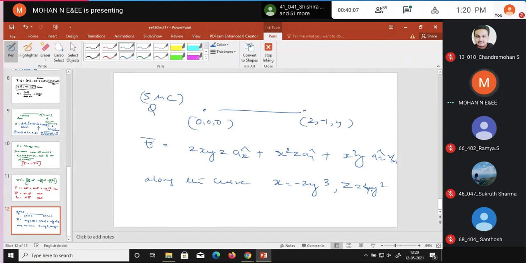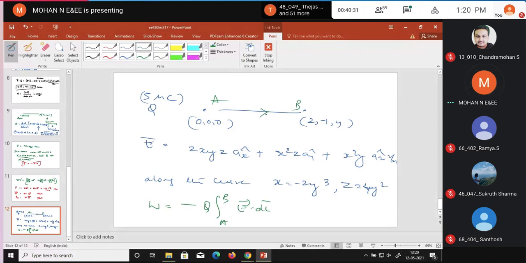Find the work done. So we have got the equation for work done. What is that equation? It's minus q times the integral from a to b of E vector dot dl vector. This is a and this is b.